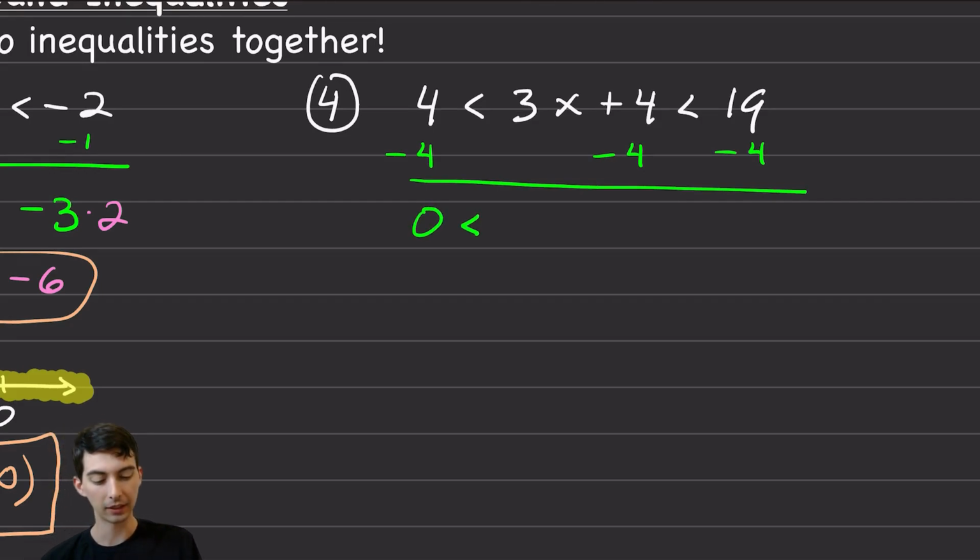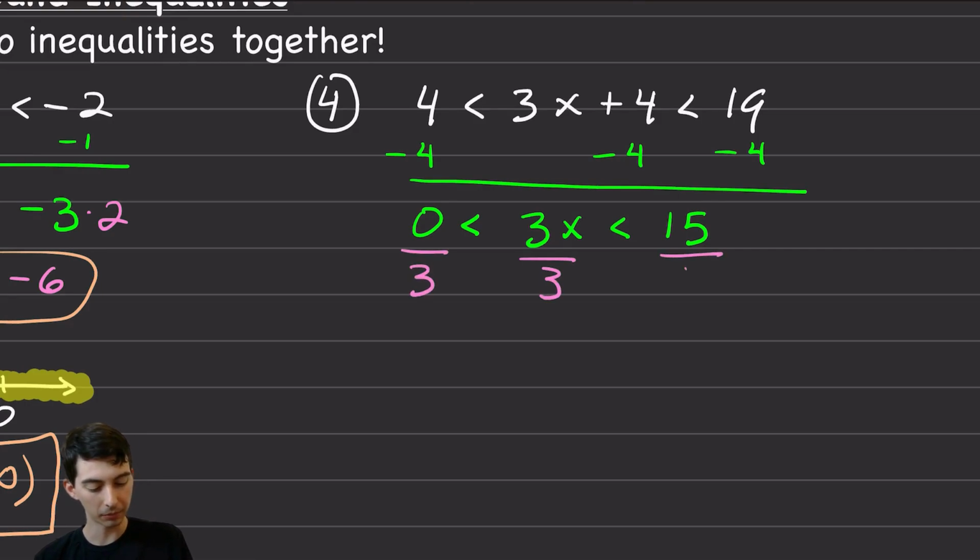Then that's less than just 3x, which is less than 19 minus 4, which gives me 15. And now I can just divide by 3, everywhere. 0 divided by 3 is still 0, which is less than 3x divided by 3, which just leaves me with x. And then 15 divided by 3 gives me 5.